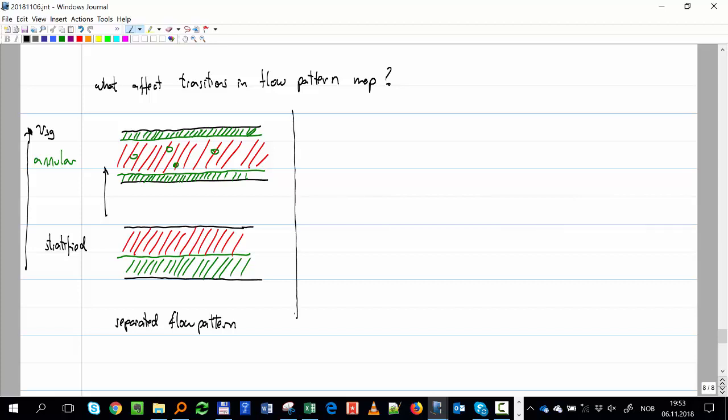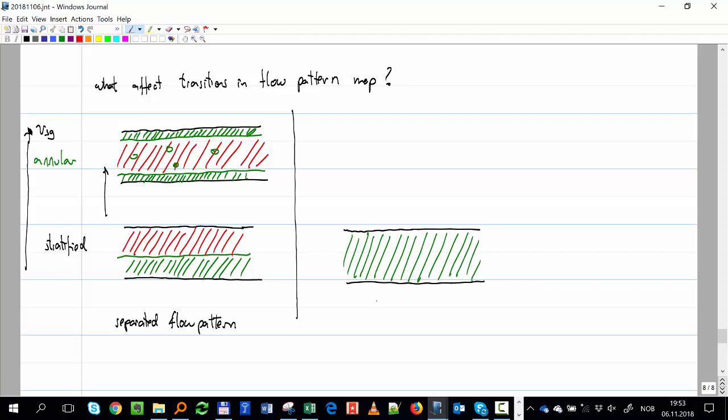Now, let's go on the other side. What happens when we have low velocities of gas and low velocities of liquid? We have bubble flow, right? Most of the bubbles accumulate at the top. And what happens now if we increase the amount of gas?